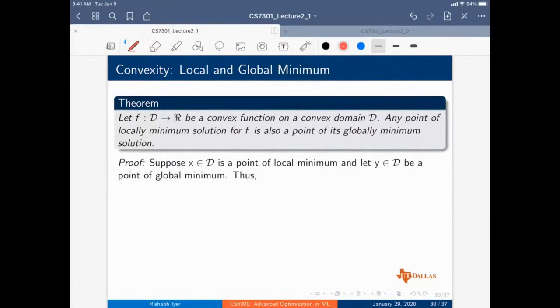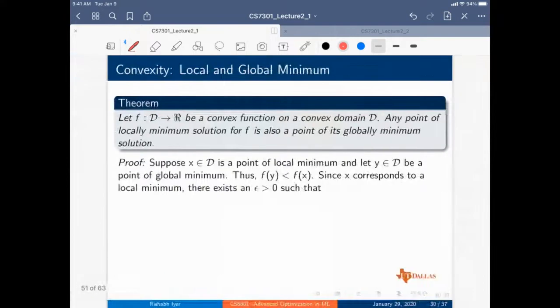The first theorem is that if f is convex, any point which is a local minimum solution is also a global minimum solution. To prove this, we assume that there exists an x which is a local minimum, and assuming the contradiction, that there exists a local minima which is not a global minima.